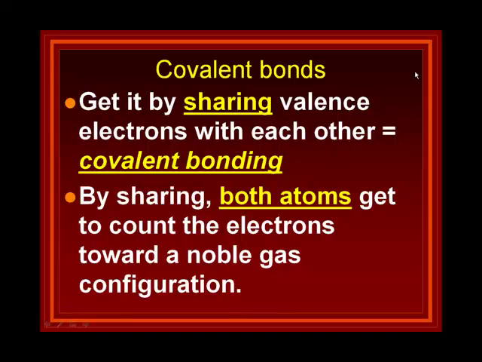When this happens, both atoms get to count the electrons towards a noble gas configuration. So it's like some electrons get counted twice. It's a nice way of double counting things in order to get that 8 that they're looking for.